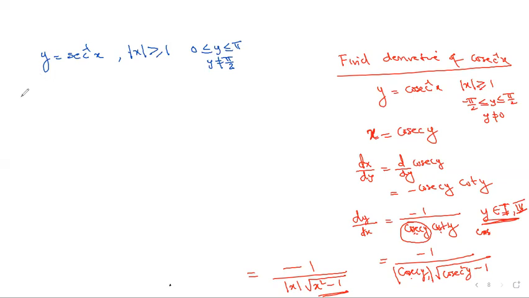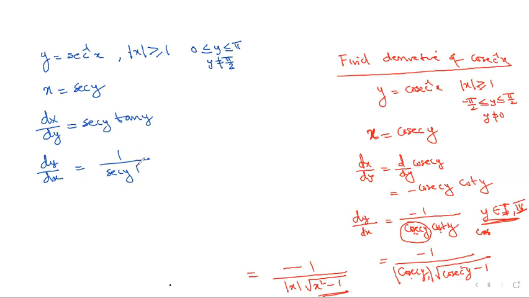Okay, first step, tell me. X is equal to sec y. So dx by dy is sec y into tan y. Dy by dx is 1 upon sec y into tan y.